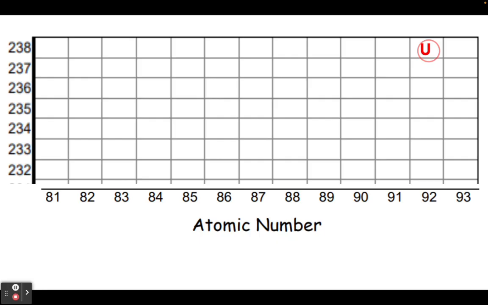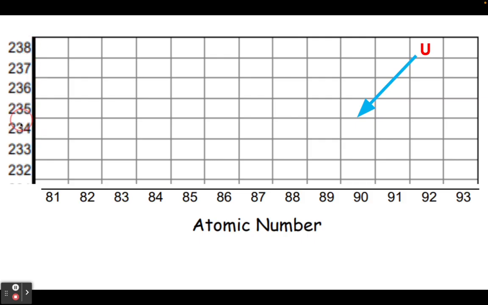So what happened to uranium? Uranium went through alpha decay, right? So that means it loses 4 in mass, right? So the mass number goes down by 4, right? So if we look here, so the mass number is here at 238. So it undergoes alpha decay. So it's going to go down by 4. So 8, 7, 6, 5, 4.